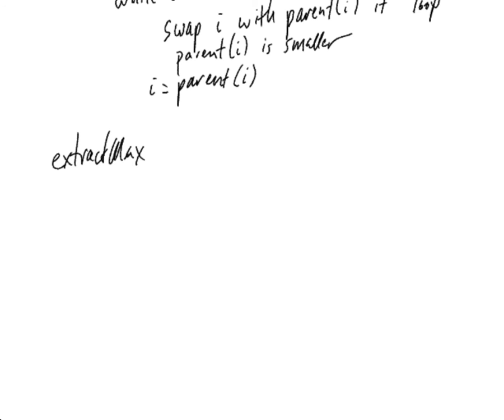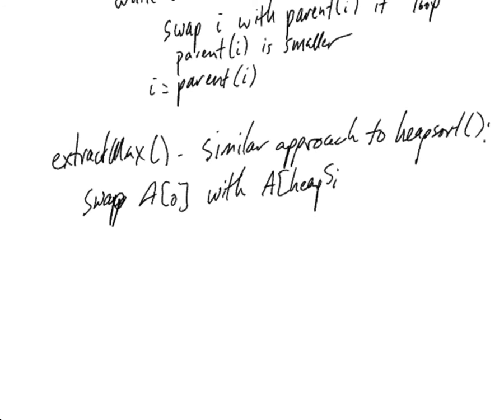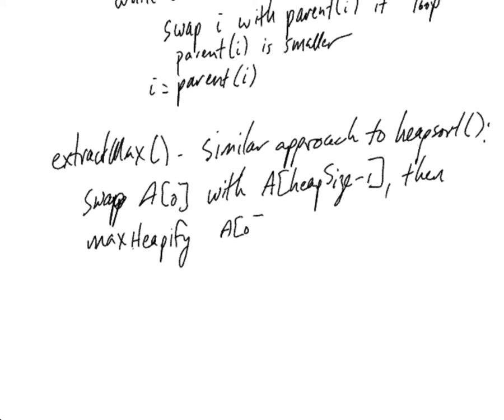Extract max is going to be a similar approach to heap sort, in that we're going to swap the root with the very last element, and then we will max heapify the root.